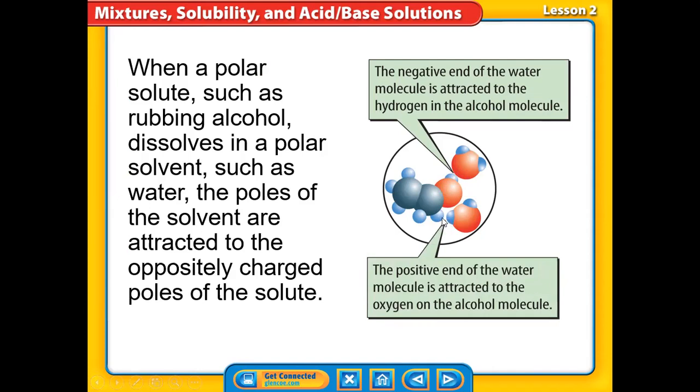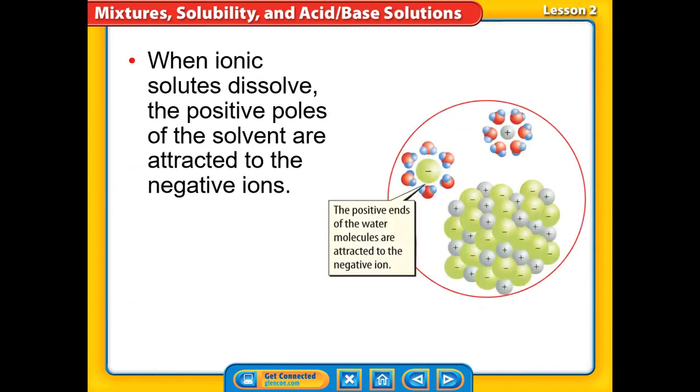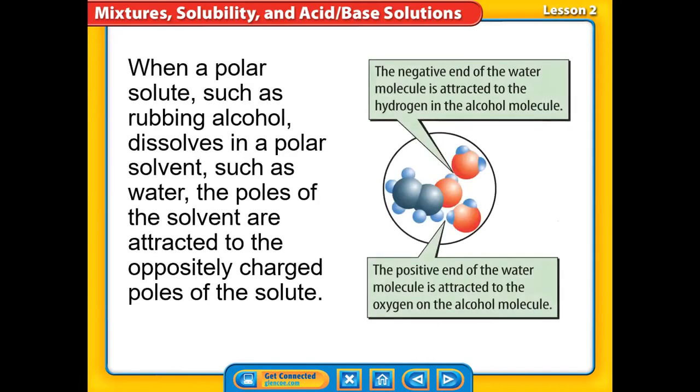So that creates an attraction force between water molecules and each other, and at the same time an attraction force between the water molecules and the alcohol molecules. As the water particles are moving, they hold alcohol molecules with them, and they start to move further from each other, which makes alcohol dissolve in the water.